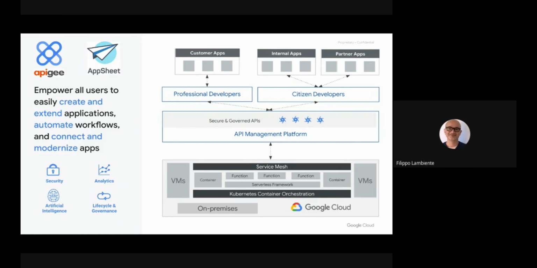Thanks to Apigee, you are able to simplify these connectivities in order to speed up the creation of applications by the citizen developers, with all the characteristics of an API product implemented by an API management platform like Apigee: security, analytics, and all the lifecycle governance.